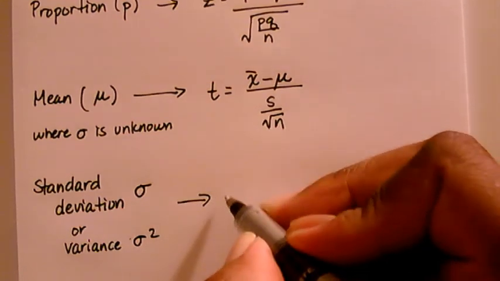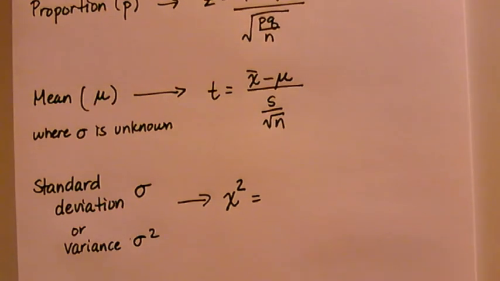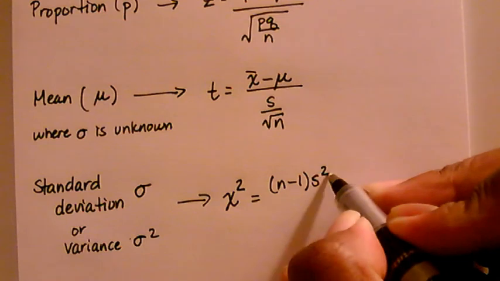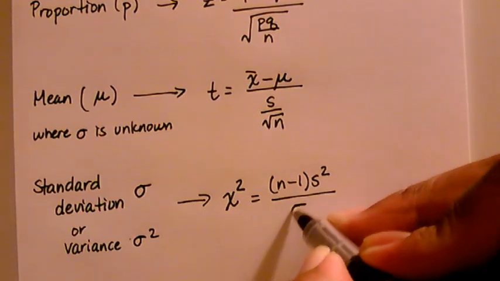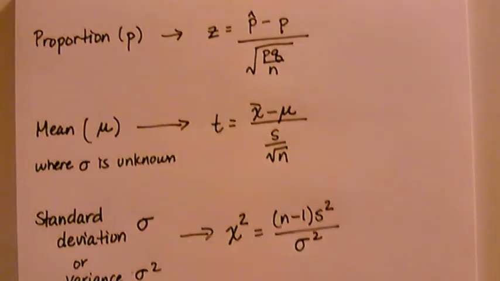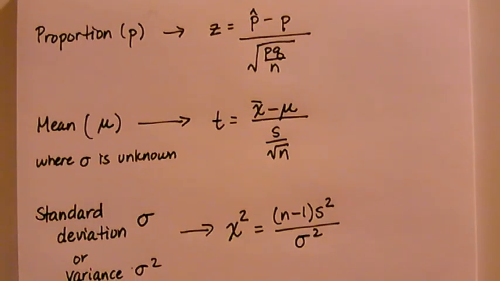Its test statistic is this. It's a chi-square test statistic, and that's equal to n minus 1 times s squared. That whole thing is divided by sigma squared, or the square of the variance. Okay. Now we'll go into more details on those 3 different test statistics.